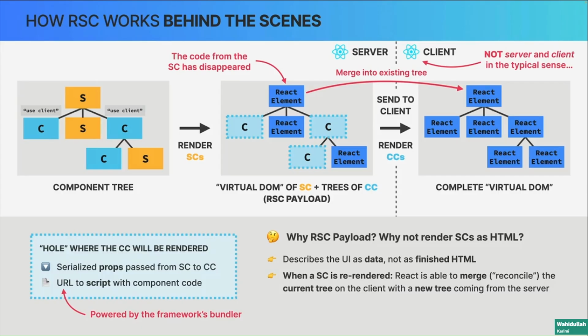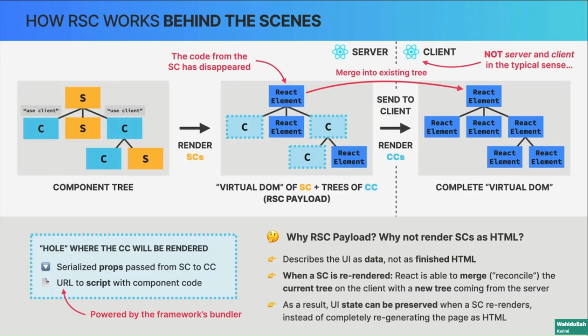And so this core idea should also work with server components. And it's actually extremely important that this works correctly because it allows React to preserve UI state as a new tree comes in from the server.